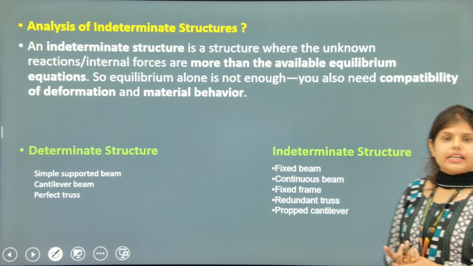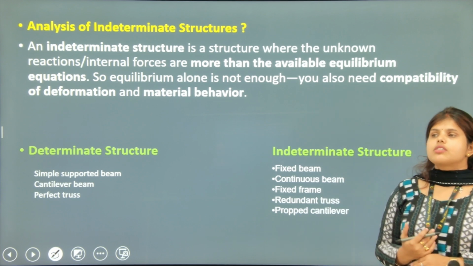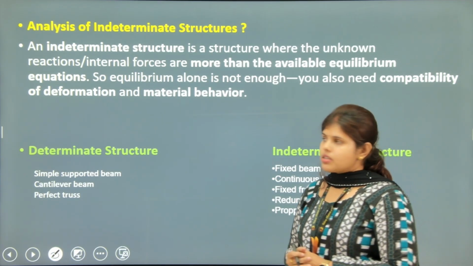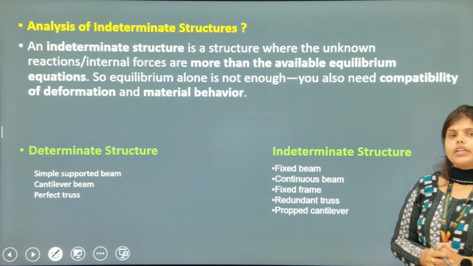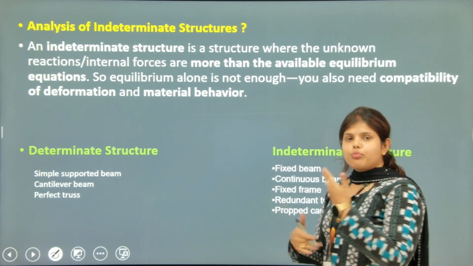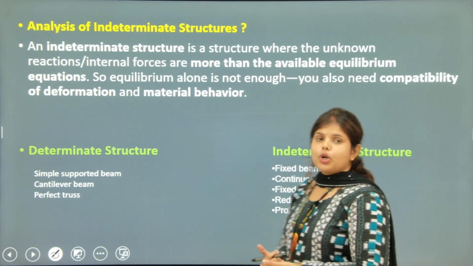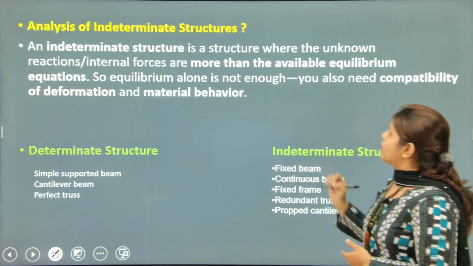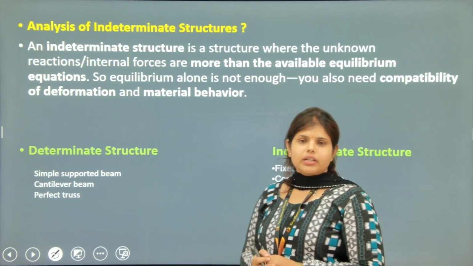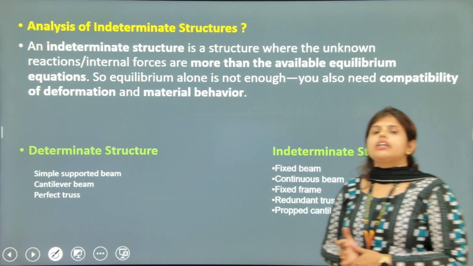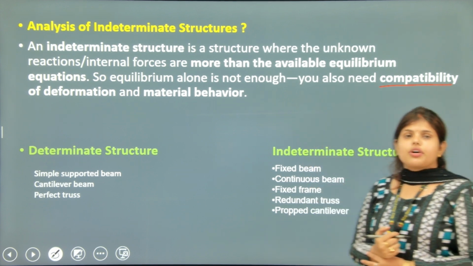But to analyze an indeterminate structure, we require different kinds of methods, or you can say the compatibility methods. An indeterminate structure is a structure where the unknown reactions or internal forces are more than the equations of equilibrium. So, equilibrium alone is not enough to analyze an indeterminate structure. For that, we will require compatibility or deformation of the material.